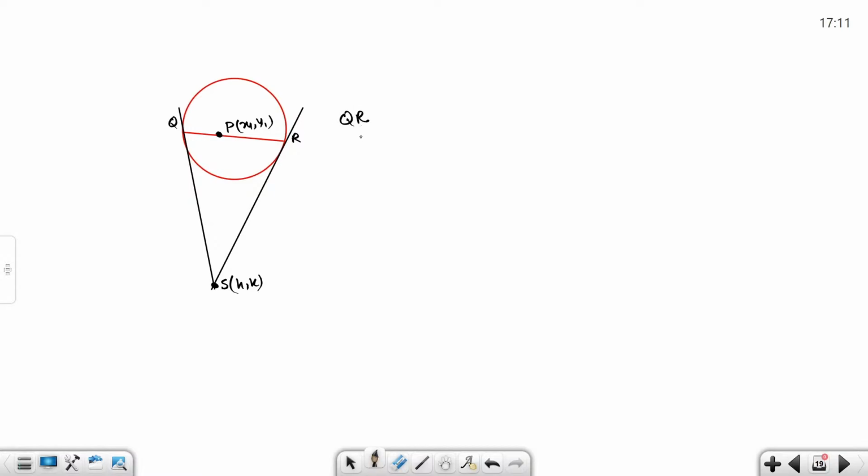With respect to the point S, your QR is the chord of contact. Therefore, the equation of QR is xh plus yk equals to a square. The equation of the circle remains the standard one, x square plus y square equals to a square.